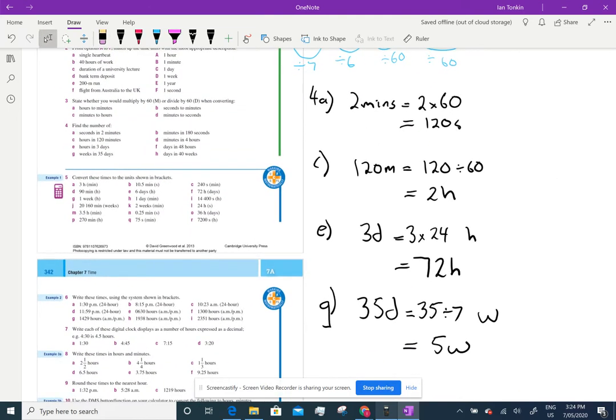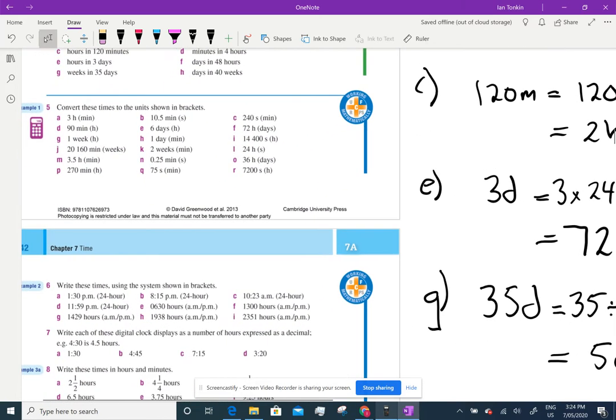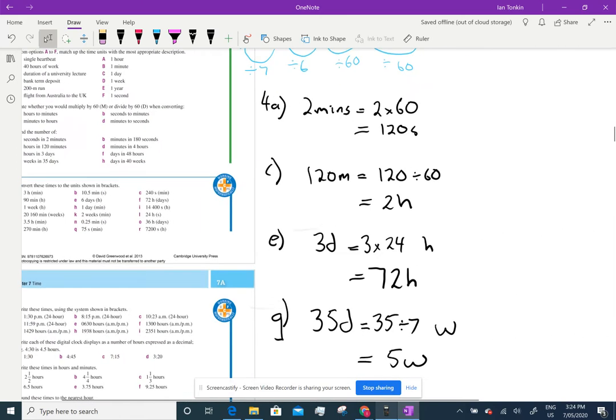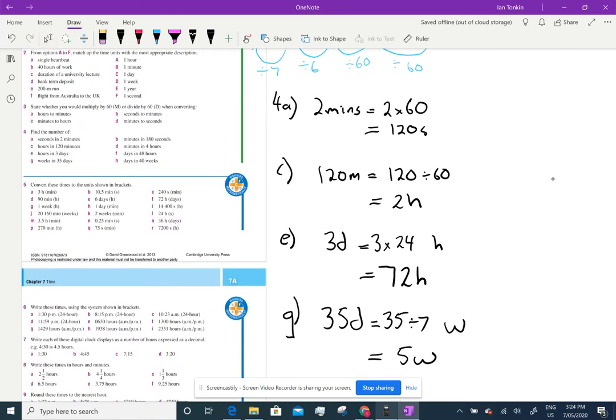Now, the next one we have to do is question 5. So let's have a look at question 5. Convert these times into the units. So we're doing the same thing in 5. Again, I'm going to do the first column. So here's 5A.